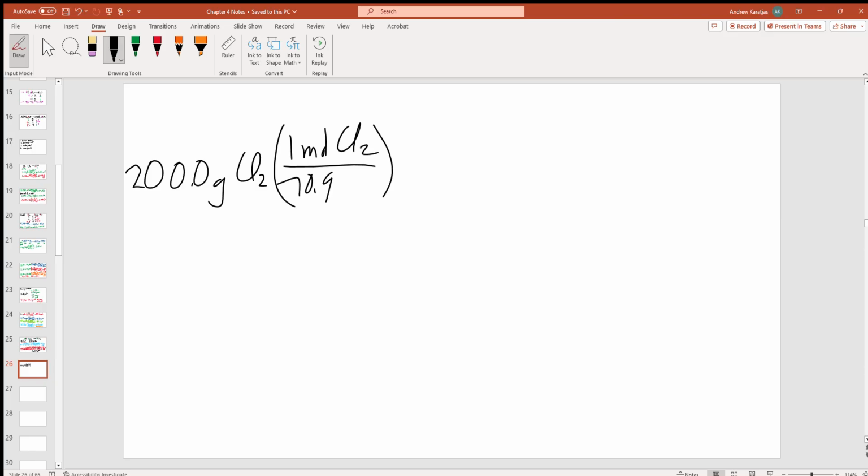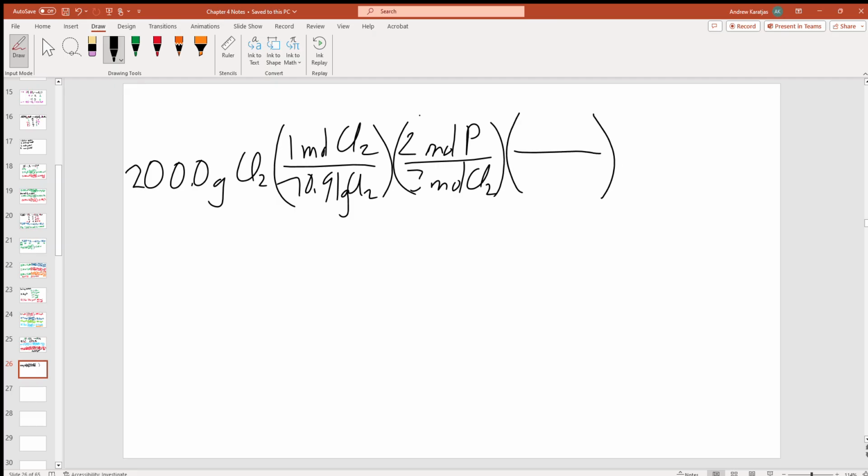So same calculations as before. We're going to go from grams of chlorine to moles of chlorine. Then we're going to go from moles of chlorine, but in this case, not to moles of product, we're going to moles of the other starting material because we're trying to determine how much phosphorus we need. And then we can go from moles of phosphorus to grams of phosphorus.